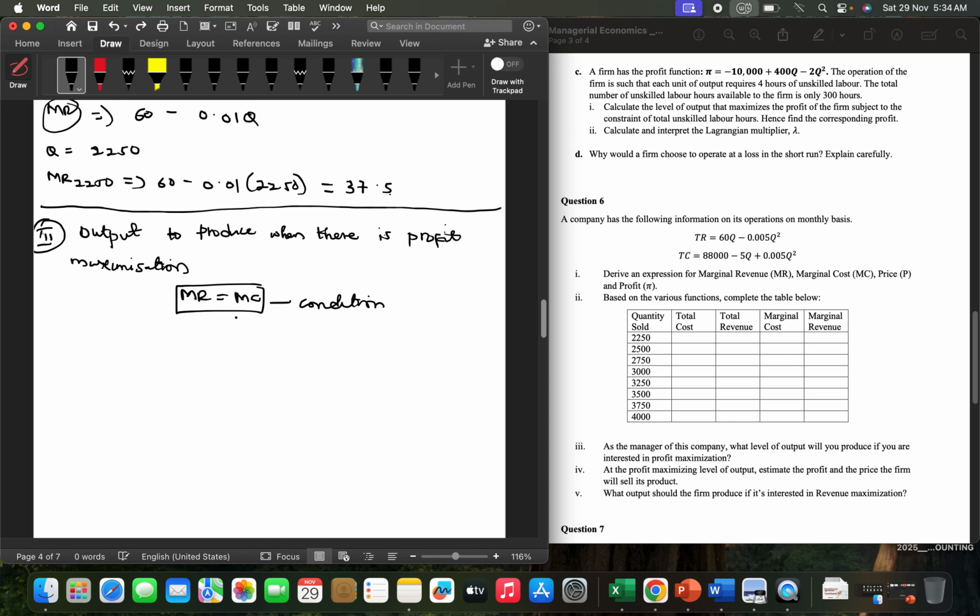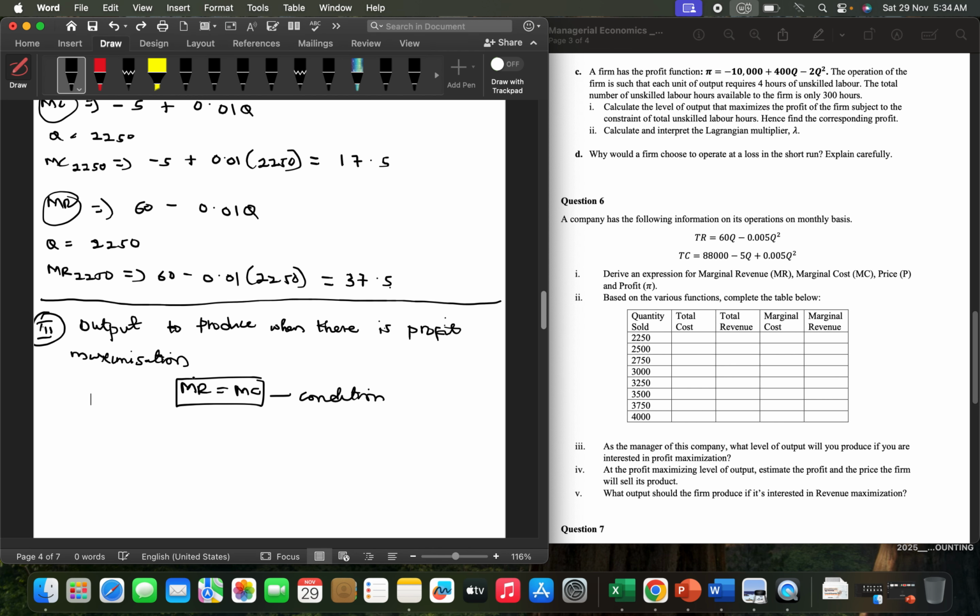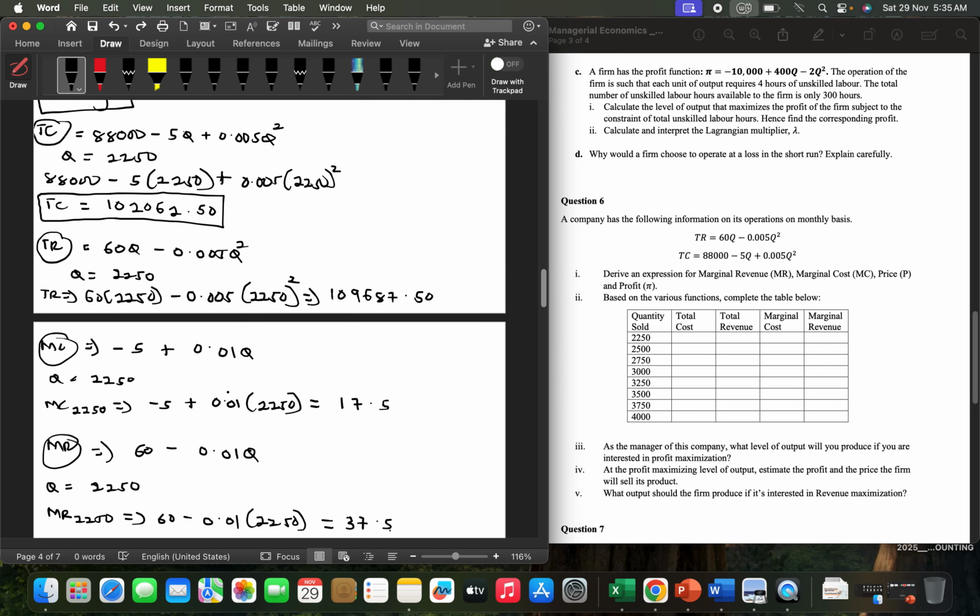Since we know this condition, we come to the table and search for where MR equals MC. Once we locate where MR is equal to MC, we follow it to its output. That is where profit is maximized.